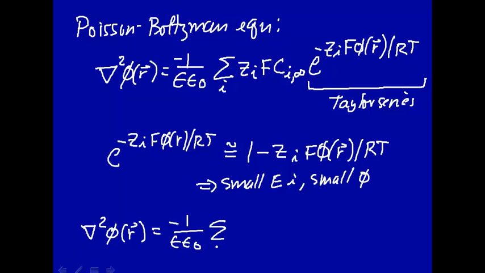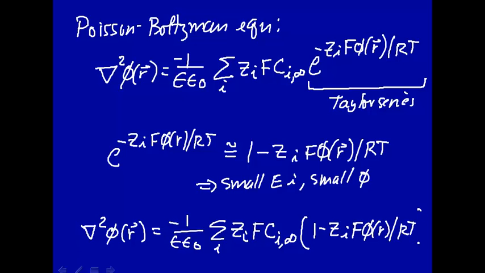We'll have the sum over all the ions of the charge in the ion times the Faraday times the concentration of the ion very far away, times 1 minus z F phi of r over RT. So what we've done is we linearized the Poisson-Boltzmann equation by doing this Taylor series expansion and just keeping the first two terms. So this is called the linearized Poisson-Boltzmann equation.